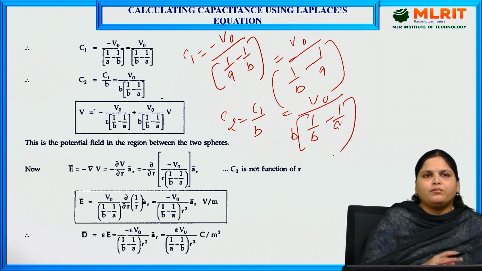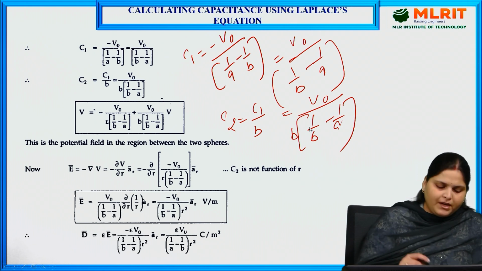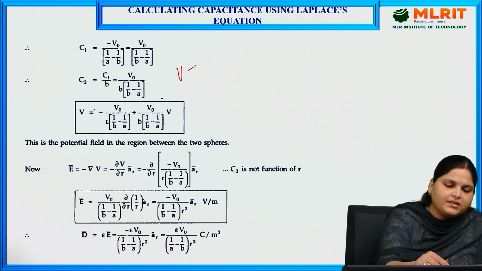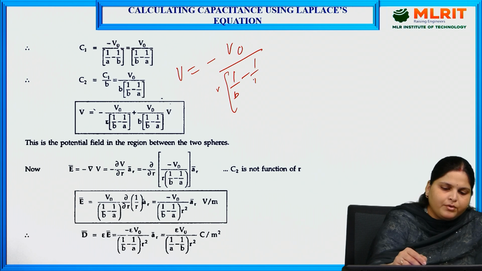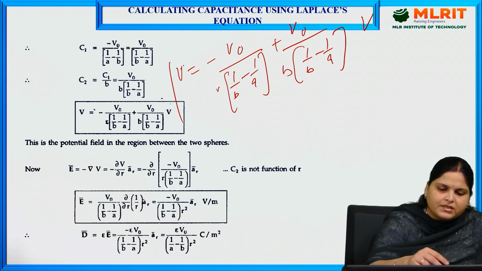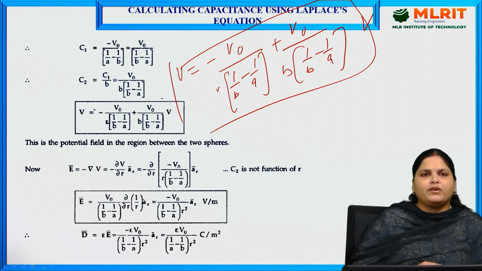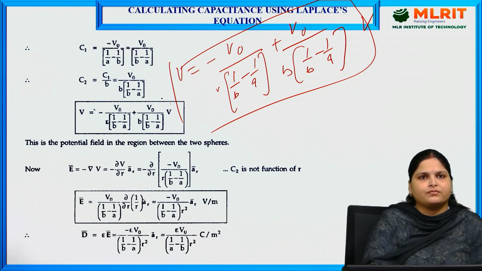So we have got both C1 and C2 values, and from here we can find the equation of potential: V equals minus V naught into R upon (1 upon B minus 1 upon A) plus V naught into B upon (1 upon B minus 1 upon A) volts. This is the equation of voltage in terms of the values of C1 and C2.